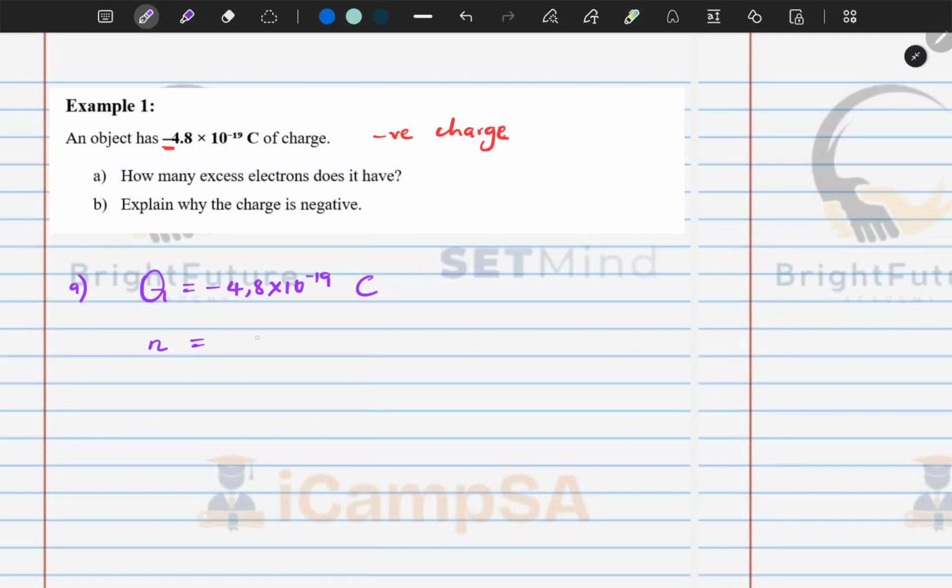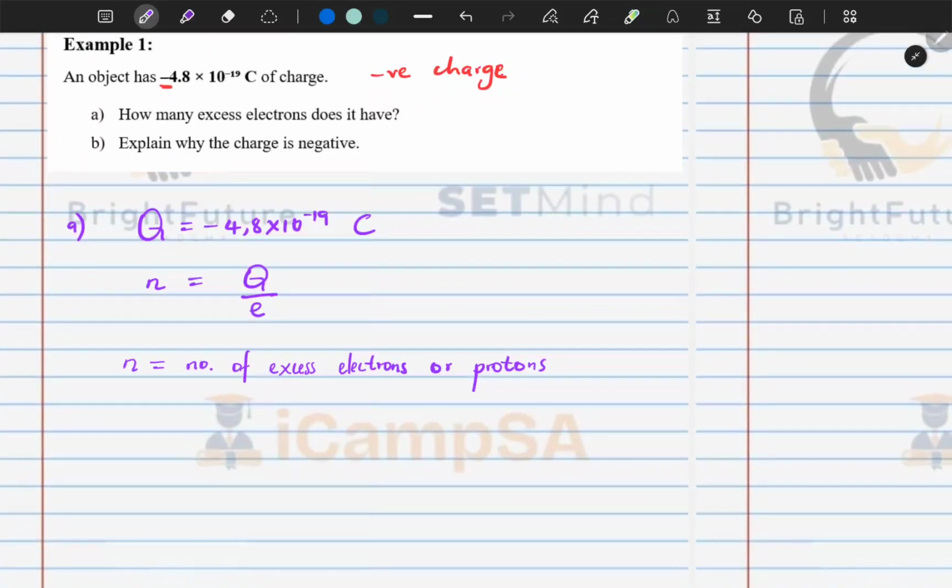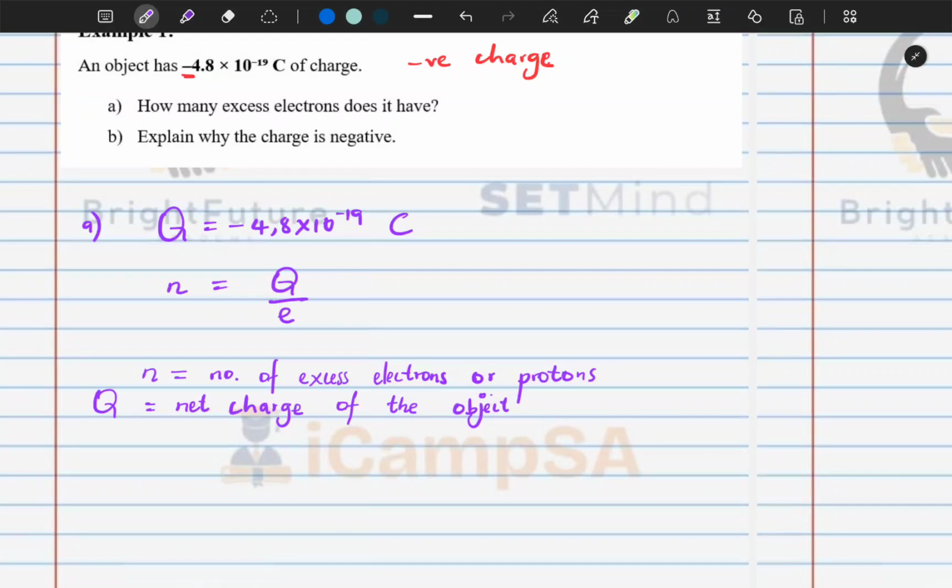It's called N is Q over E. N will be the number of excess electrons, or protons actually, because it depends on the situation, but we'll talk about that as we continue with the video. Q is the charge of the object, our net charge of the particular object.